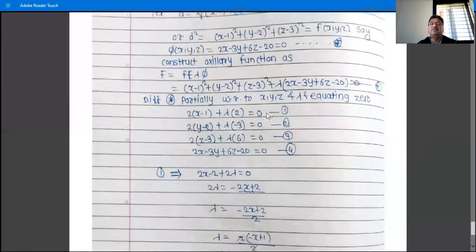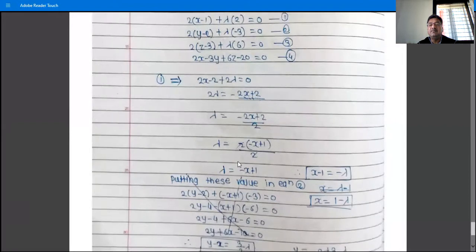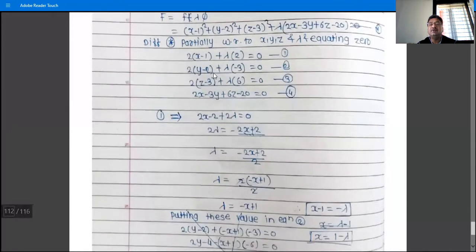Obviously, equation number 4 is the given condition. And then from equation number 1 we have the value of x, from equation number 2 we have the value of y in terms of lambda, then find the value of z from equation 3 and substitute in equation number 4.